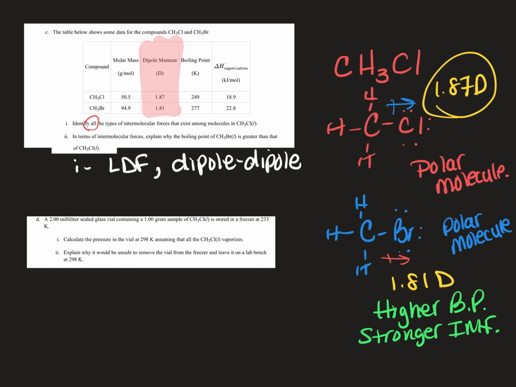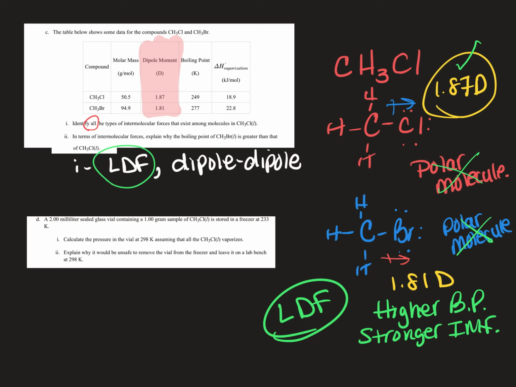So I know that it can't be due to the fact that they're both polar, because this one has the stronger dipole moment. It's more polar than the methyl bromide. So the only thing that can be different is the London dispersion forces. They both have London dispersion forces.